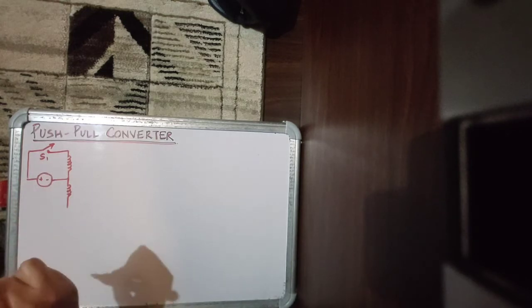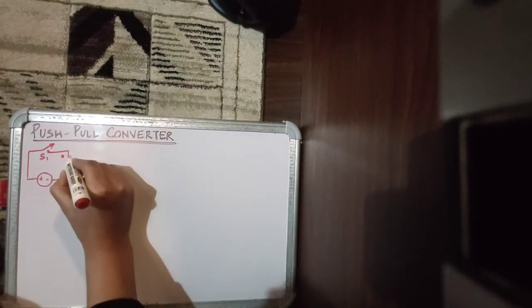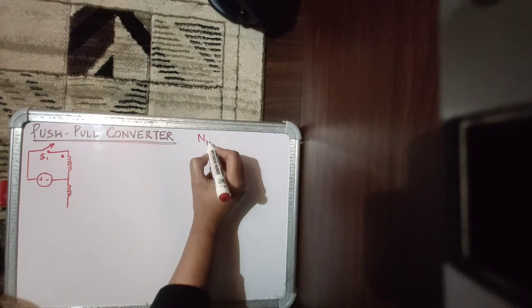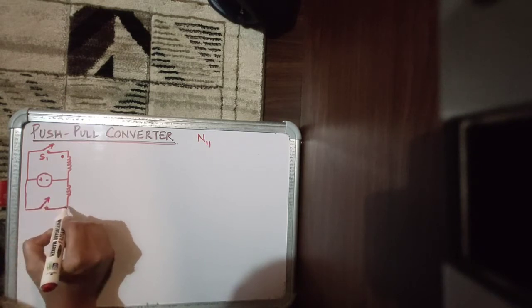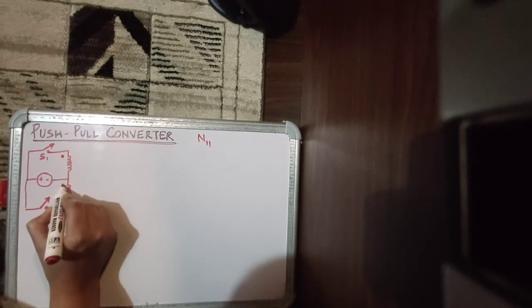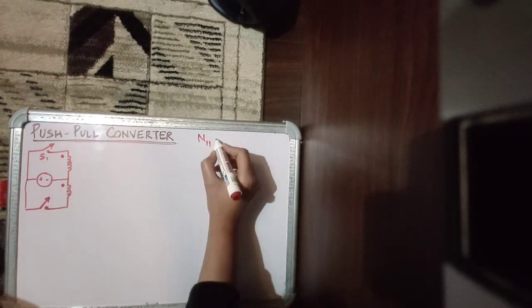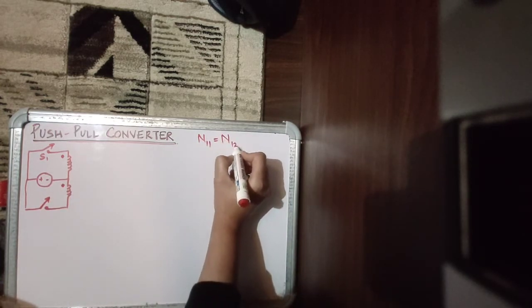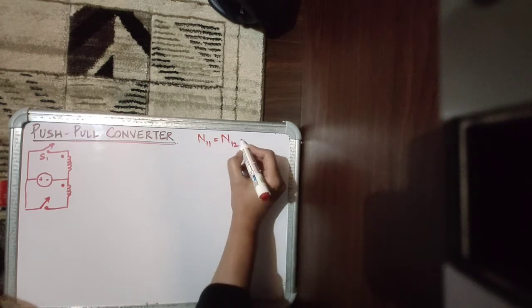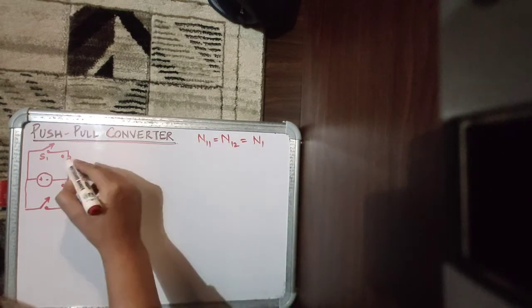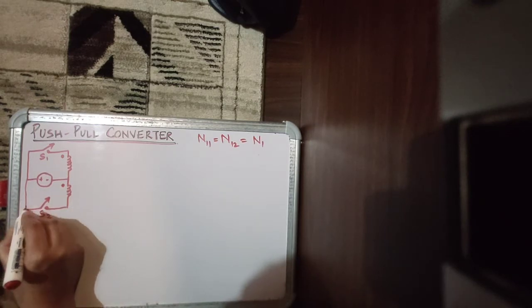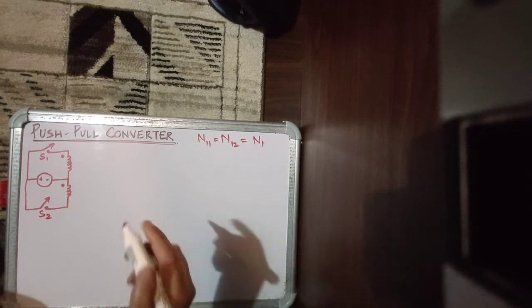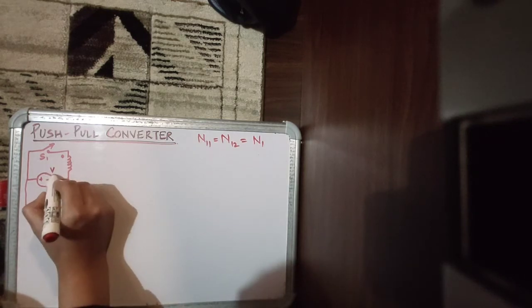S1 excites the primary winding N11, that is this winding, and then there is another switch S2 that excites the other winding. Let's call this N12, and generally we assume that the number of turns of N11 and N12 is equal to N1, so they have the same number of turns. They are excited through different switches S1 and S2, which conduct in different intervals, and this is your source, say VDC.